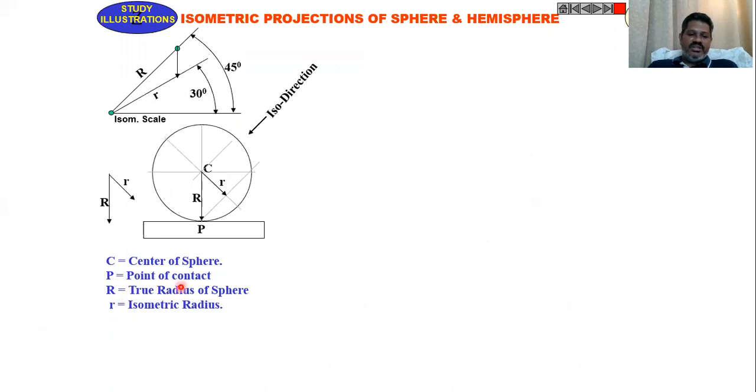Then P will be the point of contact, as you can see here. Then capital R will be the true radius of the sphere that you can see here. Then small r will be the isometric radius. This is the isometric radius and this will be the true radius of the sphere that is given to us. Then the problem is the isometric projections of the sphere and hemisphere we will see in this.